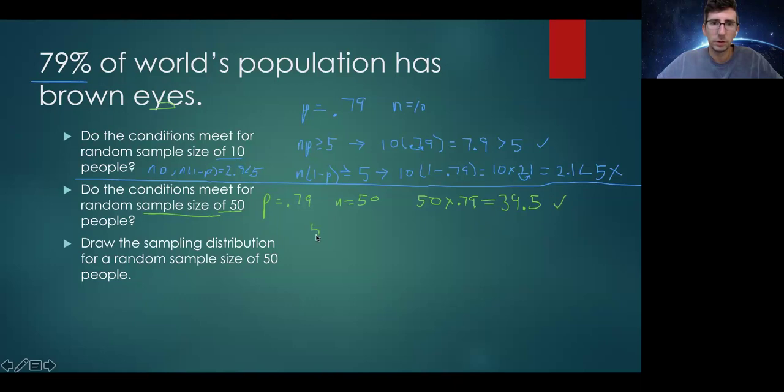And let's do our sample size of 50 times 1 minus 0.79. We've already done this. We know that's 0.21. So 50 times 0.21 is going to be equal to 10.5.